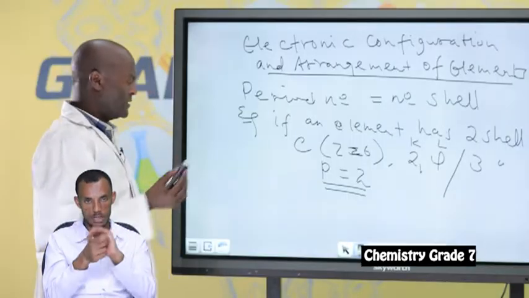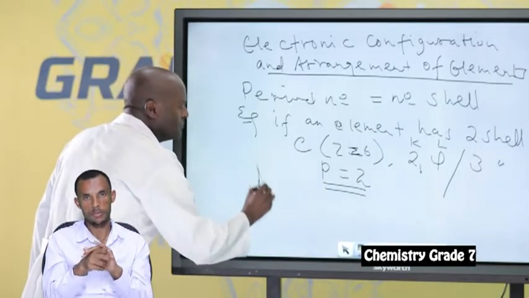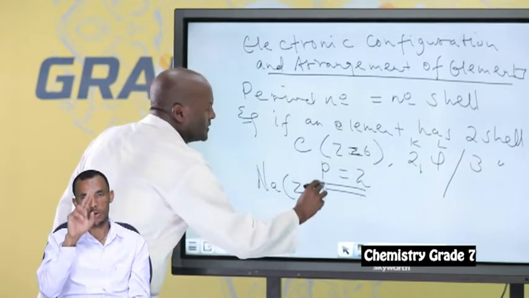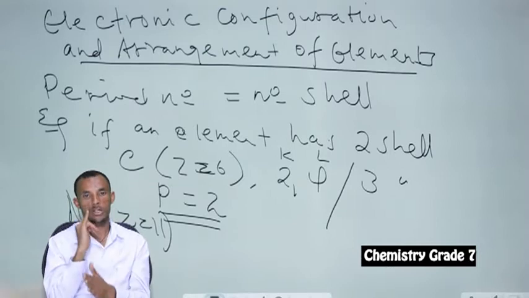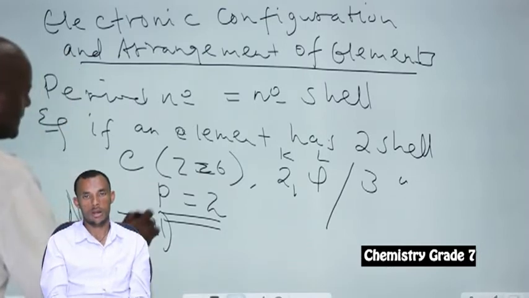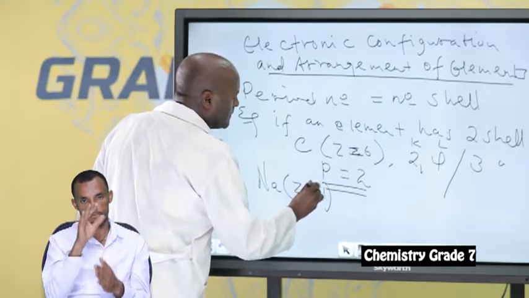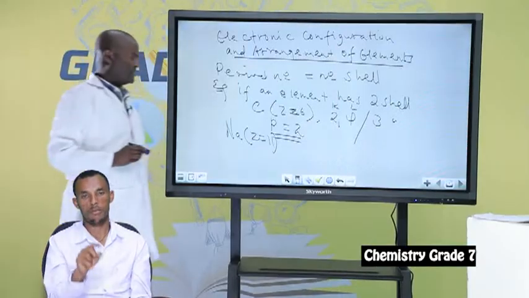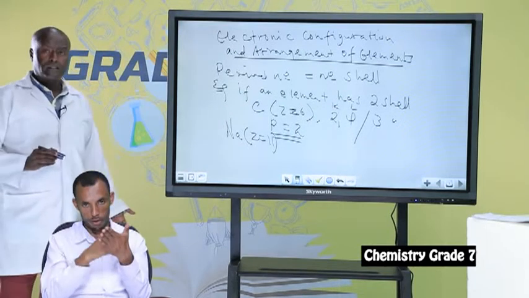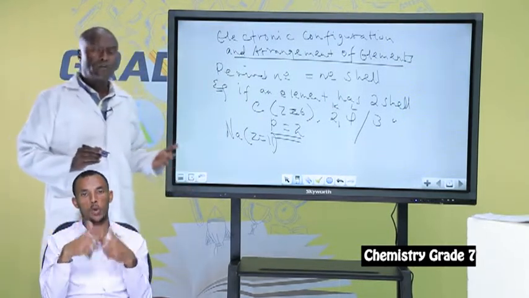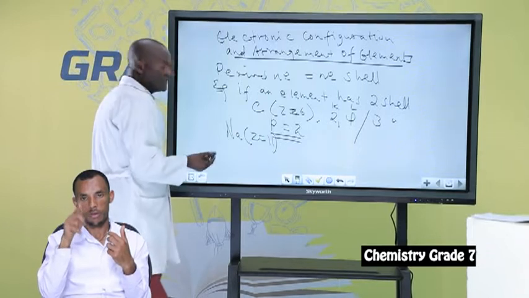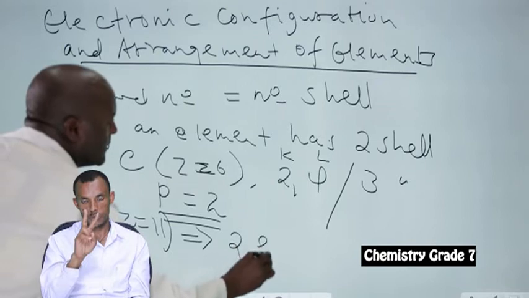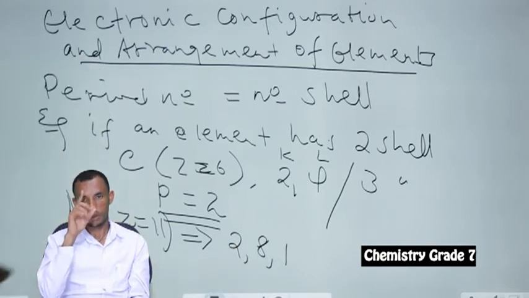Another example, sodium. Its atomic number is 11. So first write its electronic configuration. Its electronic configuration is 2, 8, 1.